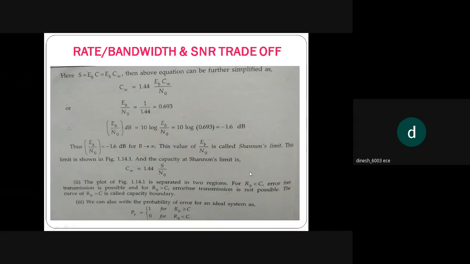We can also write the probability of error for this system. The probability of error Pe is equal to 1 when Rb is greater than or equal to C, and 0 for Rb less than C. This is also part of Shannon's second theorem, or channel coding theorem.